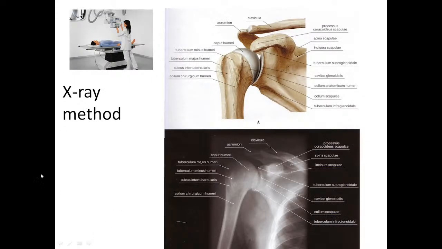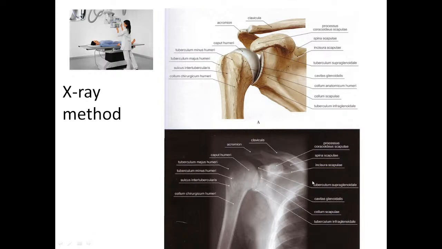What you see is the X-ray method, and you see a skeleton. You see the clavicula, the clavicle, with the help of the X-ray method. Acromion. This is caput humeri, and other structures.